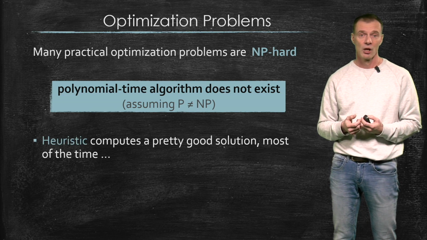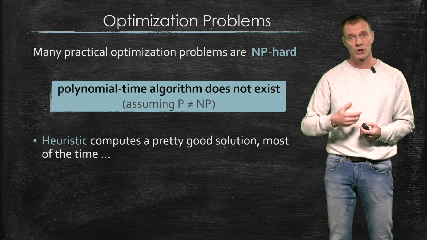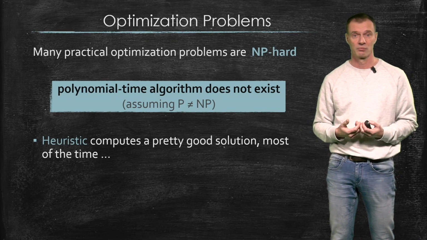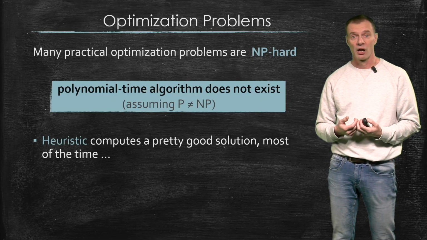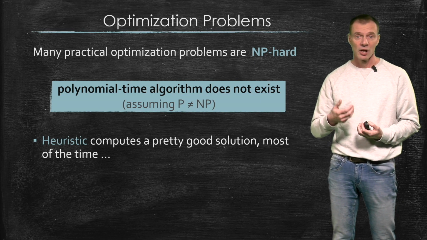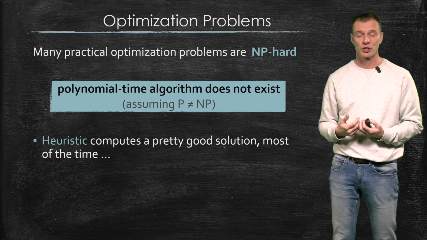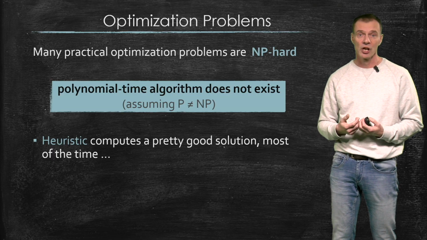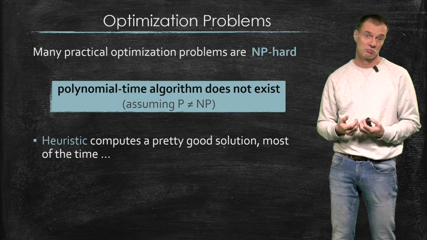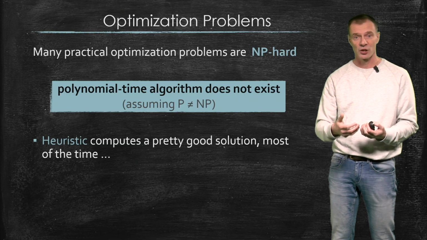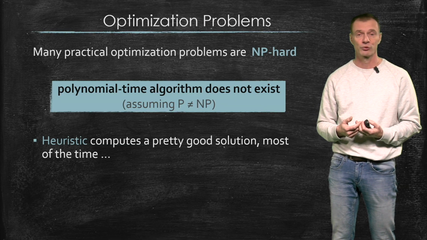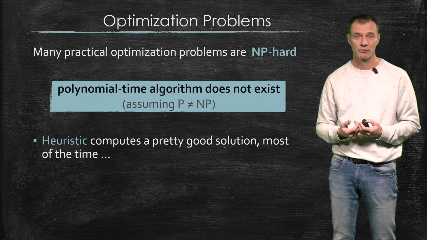So if it's not possible to find an optimal solution in polynomial time, what can we do? Well, the first thing we could do is develop what is called a heuristic. This is simply an algorithm that gives you a valid solution, where the value of this solution is typically close to the optimal value, hopefully. And then you could implement it, test it, and observe that in practice it performs pretty well most of the time.